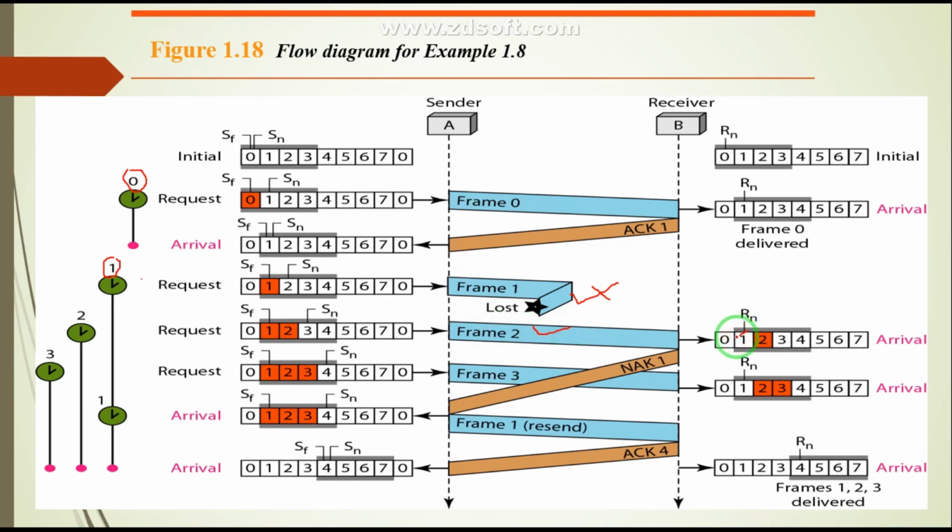But over here in selective repeat ARQ, the receiver window can accept this frame 2. Why is it so? Because frame 2 is present in the window of this receiver, although Rn equal to 1. So it accepts this frame 2, but it sends NAK 1, that is a negative acknowledgement 1, which indicates that I didn't receive frame 1.